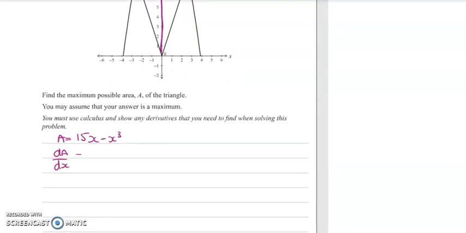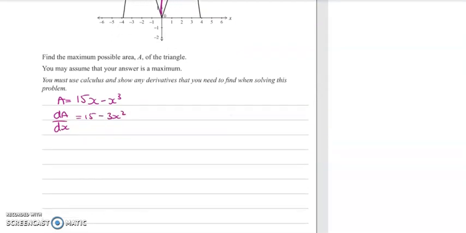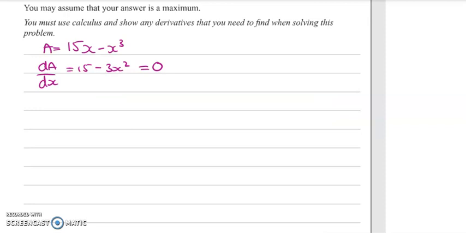So dA by dx is 15 minus 3x squared. Now we will find a maximum when that's equal to 0. So we then can work through what that would give us. So we can get 3x squared equals 15, x squared is 5, x is plus or minus root 5.